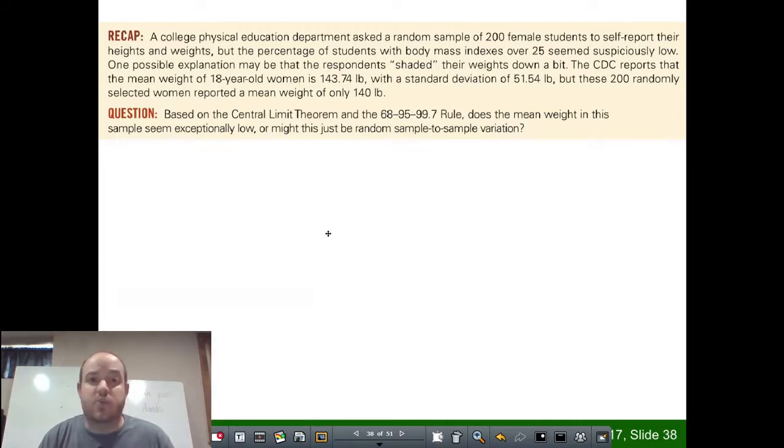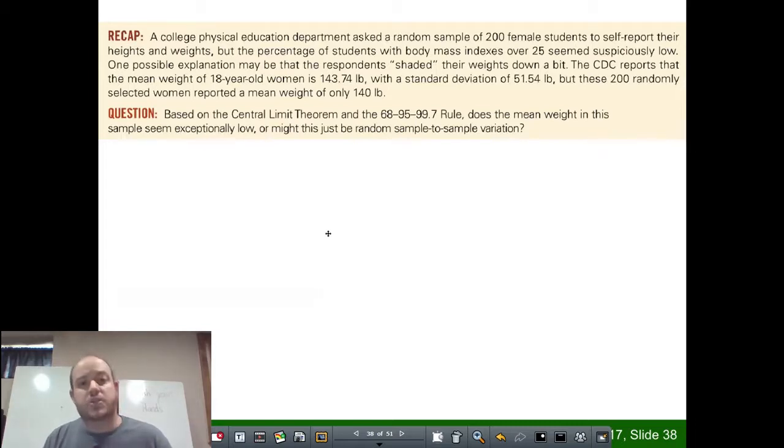The mean weight for these 200 women is 140, but the population mean is 143.74 pounds. So they're wondering, is 140, being the average of these 200, far enough away from that 143 that we should be concerned that it is lower than what it should be?